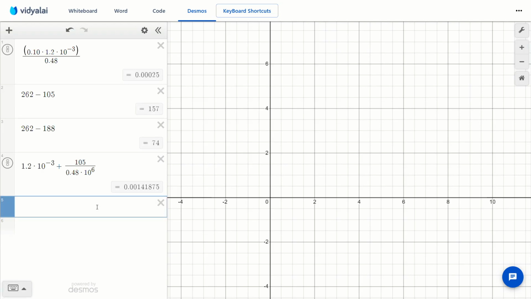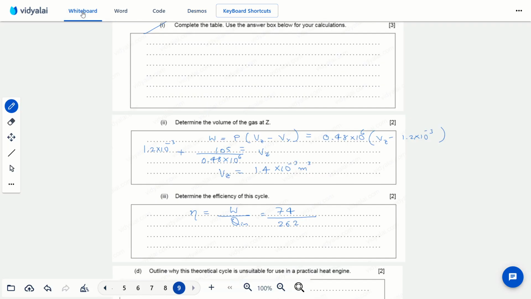So we get 74 divided by 262, that's 0.2824. Which means 28.24%. Yep.